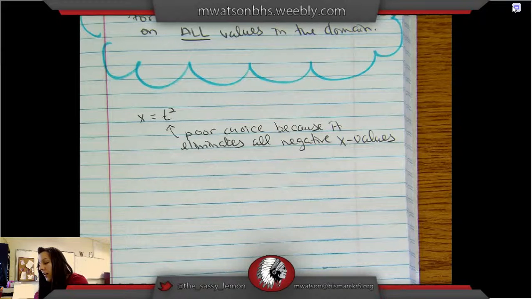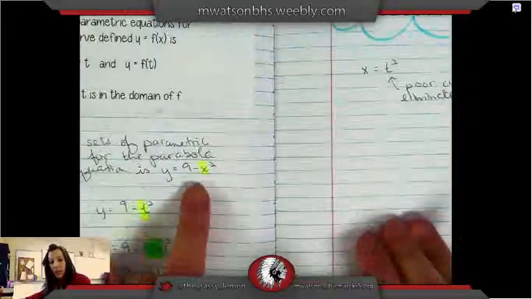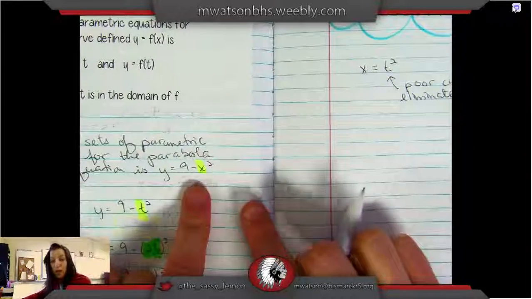I can't really think of anything else that's going to give you fits like that. And there's certainly nothing in the book. So I think that's the only one you have to watch out for. Don't do anything with the squared because it's going to limit your x values. And the only reason why you'd want them to be limited is if there was a restriction put on this in the first place.